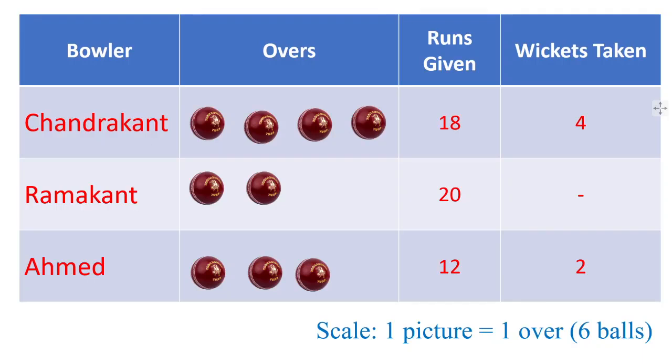How many overs are there in total? How many balls are bowled by Ramakant? How many wickets are taken by each? I will ask you that now. But before that, I want to make it very clear that a pictograph is this way of representing mathematical data with the help of pictures. Very simple pictures. As it is on screen, I could give you the picture of a real cricket ball.